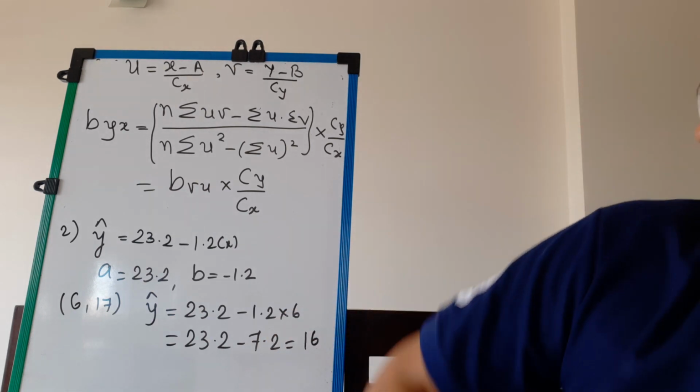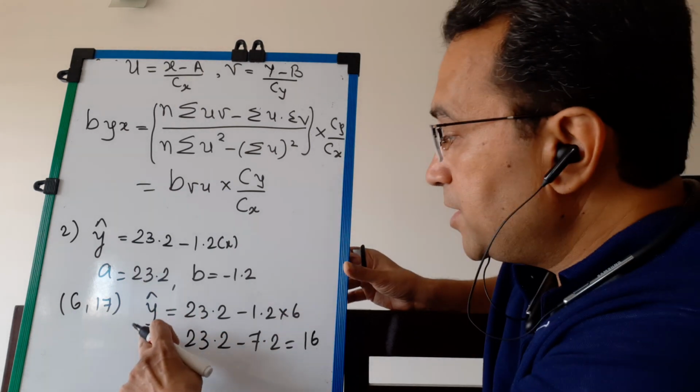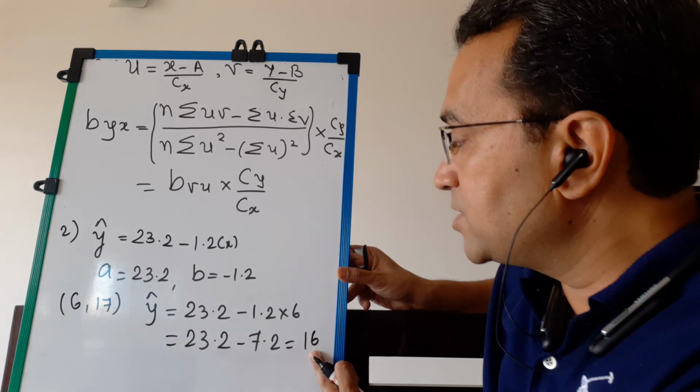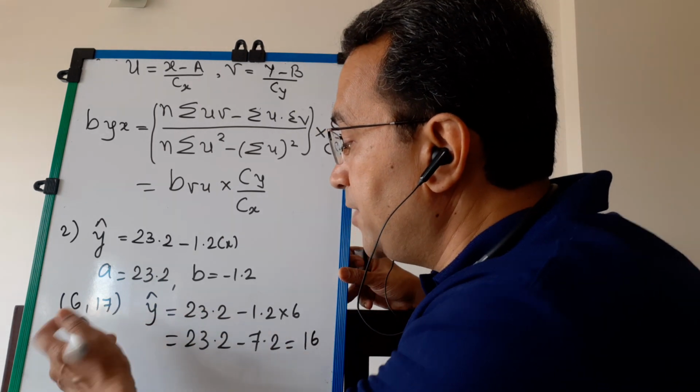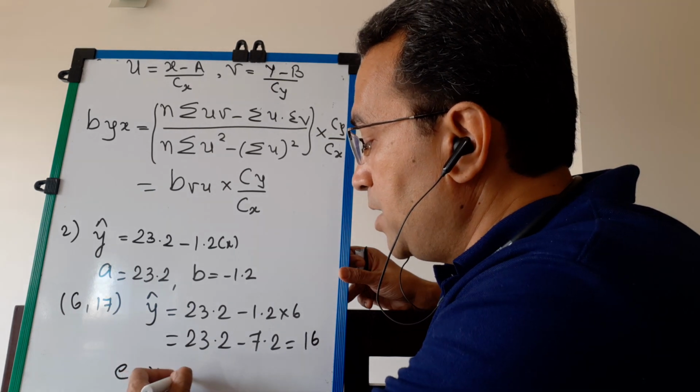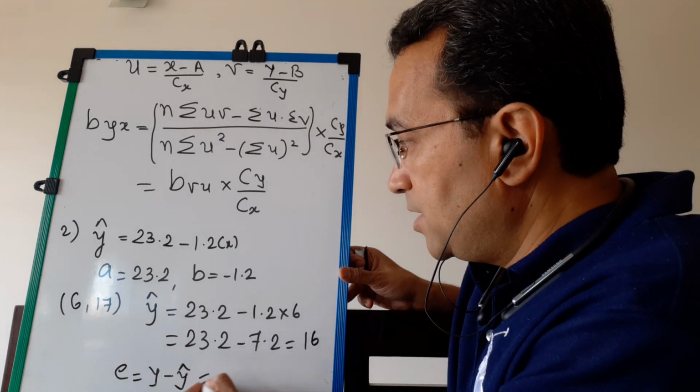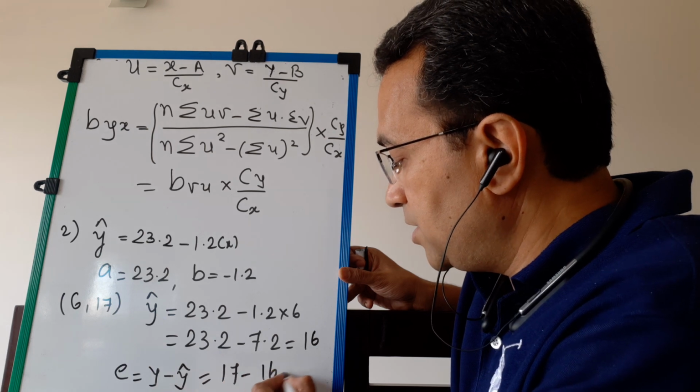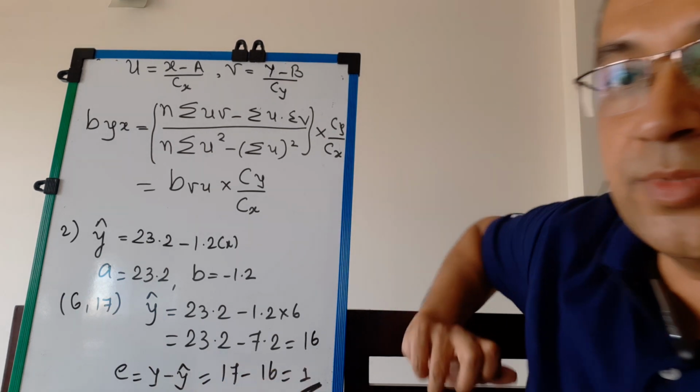16. Now students, the estimated value of y has turned out to be 16 and the exact value of y is 17. So error in estimation is y minus y cap. The exact value is 17, the estimated value is 16. So the error term E is equal to 1.